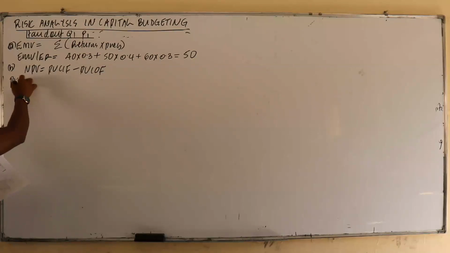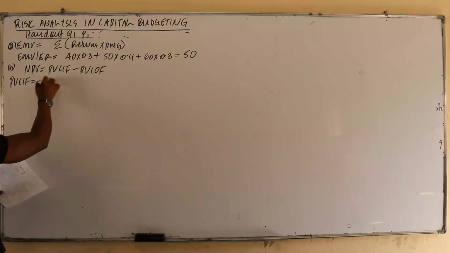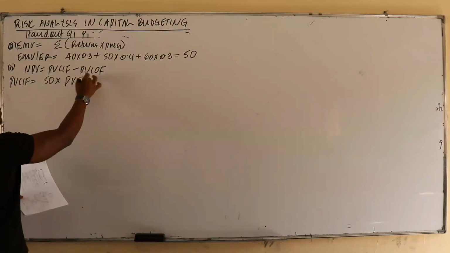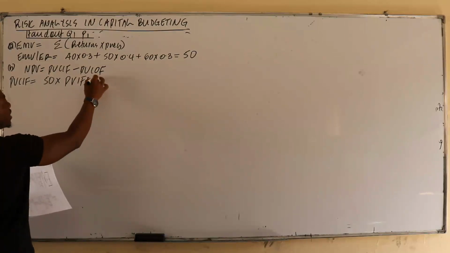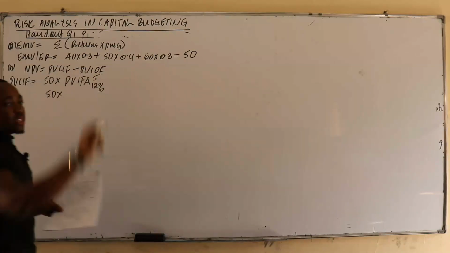So to get the present value of cash inflow, the expected annual cash flow is 50. Then we discount. Present value interest factor of an annuity, the cost of capital is 12%, and the project is for 5 years. So 50. Now let's use the annuity table.